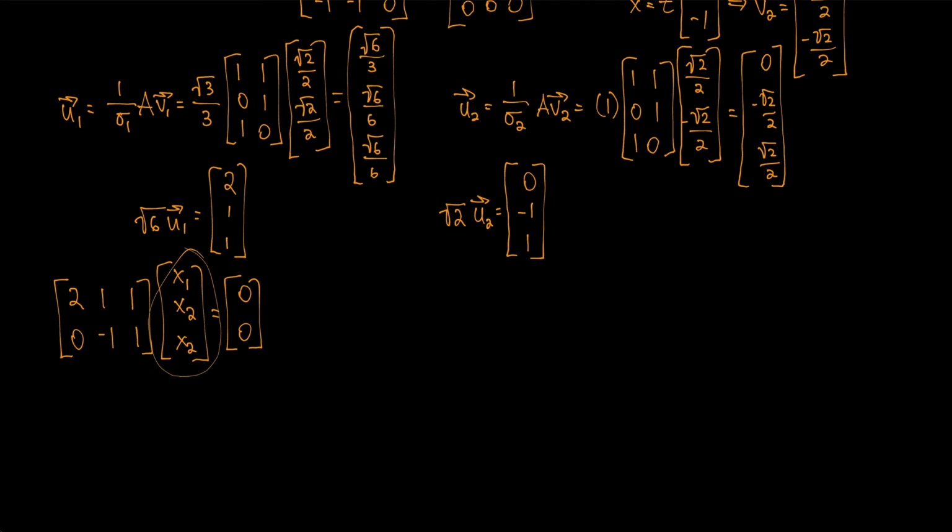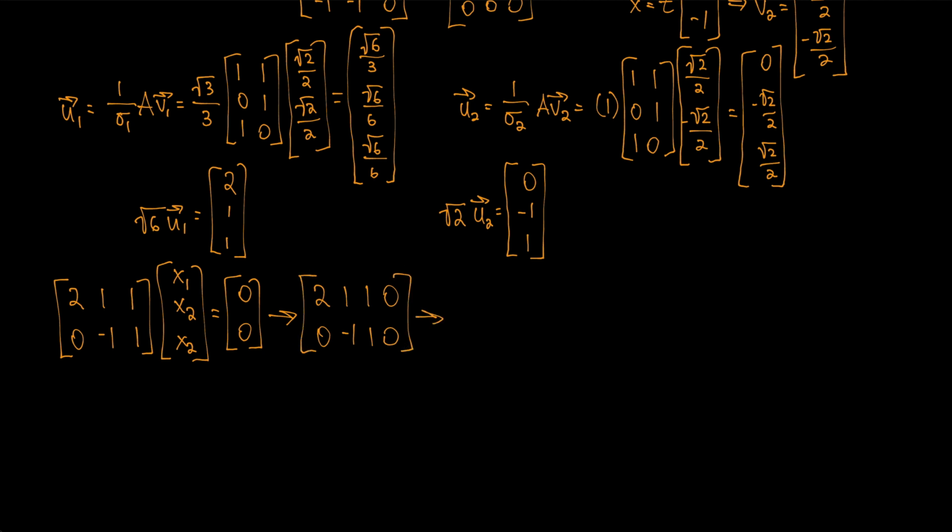So we'll find that missing third vector by solving for 2, 1, 1, 0, 0, minus 1, 1, 0. Remember, this is u1, and this is u2.